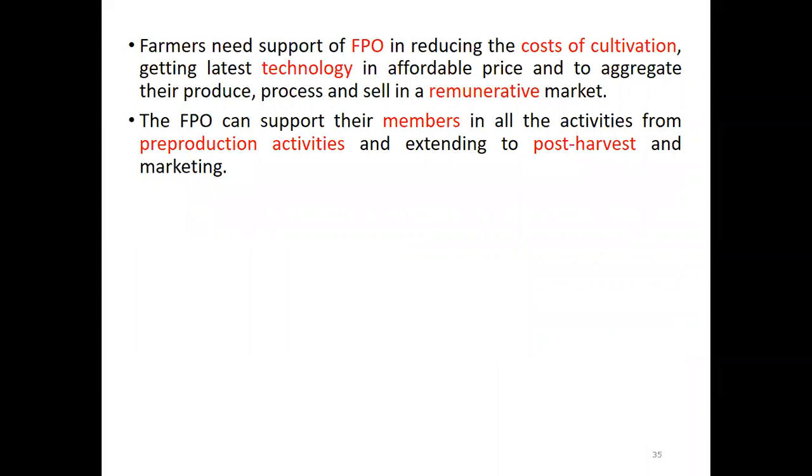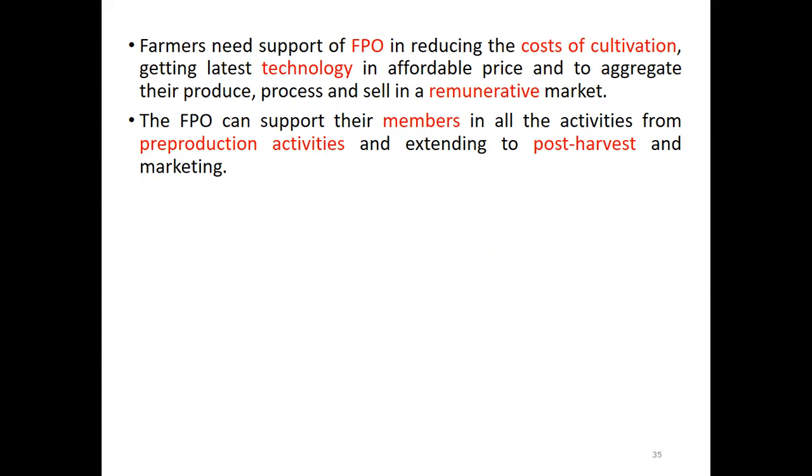As well as farmers need support of FPO in reducing cost of cultivation, getting latest technology at affordable price, and to aggregate their produce, process and sell in remunerative market. ये जो पोस्ट हार्वेस्टिंग एक्टिविटीज एंड प्री हार्वेस्टिंग एक्टिविटीज में जो एक्सपेंसेस है वो एक्सपेंसेस सेव करने के लिए फार्मर्स प्रोड्यूसर ऑर्गेनाइजेशन का बहुत रोल प्ले करता है। फार्मर्स प्रोड्यूसर ऑर्गेनाइजेशन यानी जो फार्मर्स है एक्चुअली वो खुद का बिजनेस वो खुद ऑर्डर दे देंगे, so they are not dependent on any of the suppliers and dealers for buying the product and selling the product.